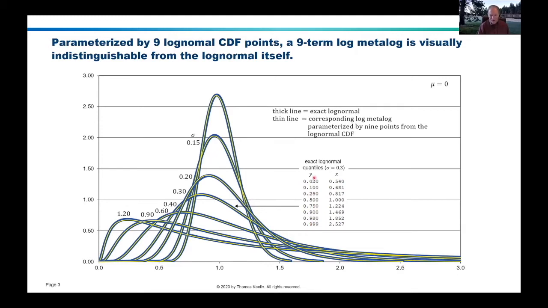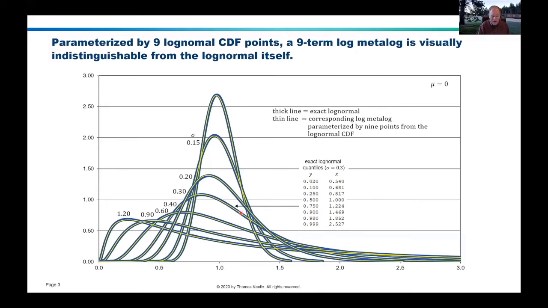I just picked a relatively symmetric step that gives some reasonable attention to the tails all the way up to the 0.99. And what are the x's that correspond to that? That's this data. If you parameterize a log-metalog distribution with that, you get this thin yellow line here.